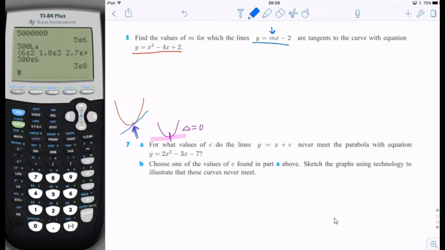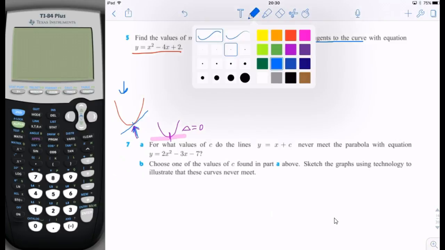The clue they're going to give us is that the red parabola and the blue line are tangent. So the blue line is tangent to the red quadratic, exactly as it's drawn here. The blue line exactly touches the red quadratic at one point. So they're asking, what does m have to be so that they touch each other in this way?